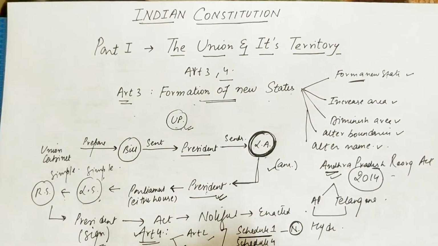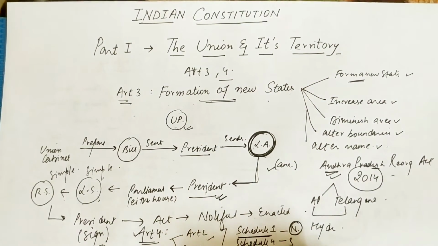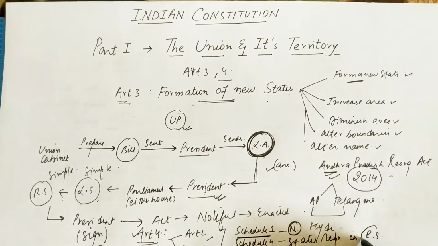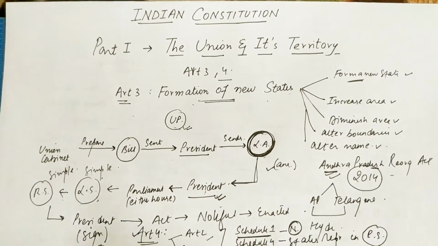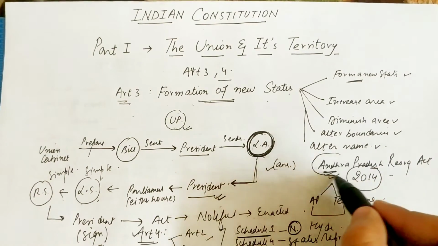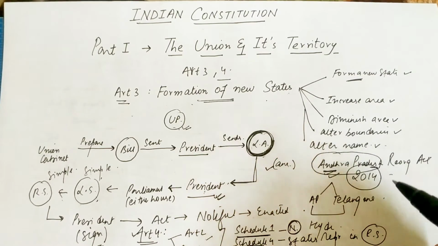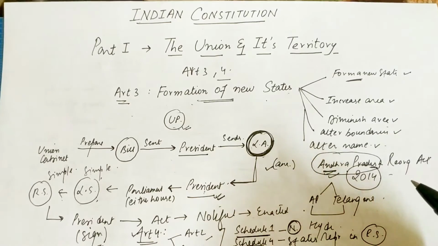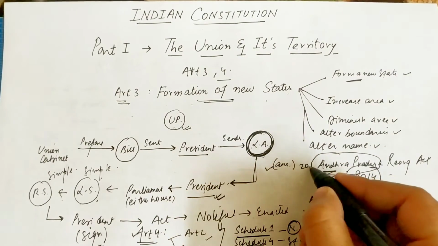And Schedule 4 talks about states' representation in Rajya Sabha. I'll give you an example. When Andhra Pradesh was a state, the representation of Andhra Pradesh in the Rajya Sabha was 20 members.